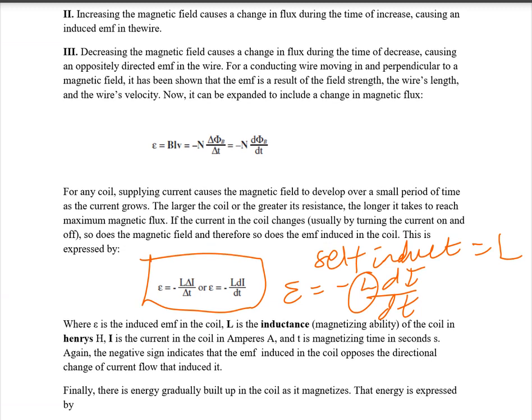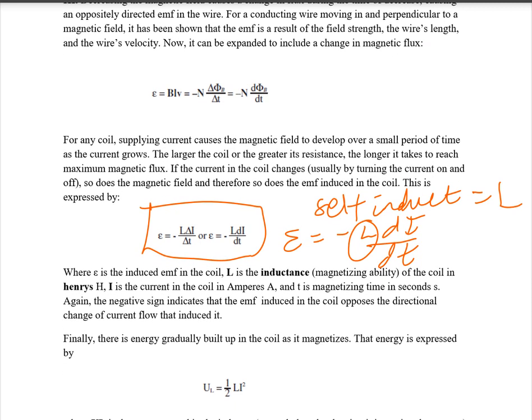The second one is mutual inductance. Mutual inductance is the inductance which is produced by the neighboring coil. Therefore, for mutual inductance, induced EMF is equivalent to minus, let us neglect the minus, the minus indicates the direction, mutual inductance times change in I2, the neighboring current, divided by change in t.